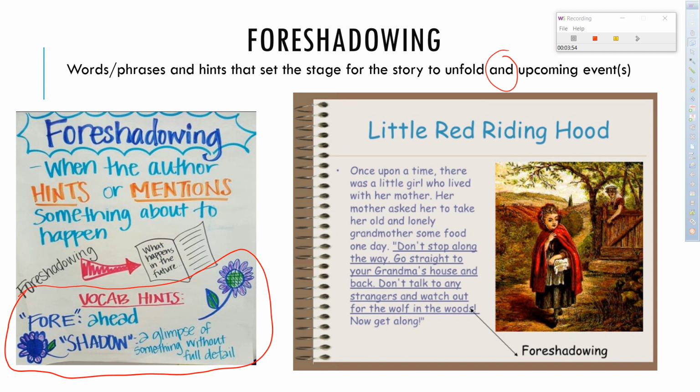It says fore means ahead, and shadow is a glimpse of something without full detail. So foreshadow is a glimpse of something ahead in the story without full detail. I have an example with the text Little Red Riding Hood. I'm not going to read it aloud for you. We're going to go to the next slide.